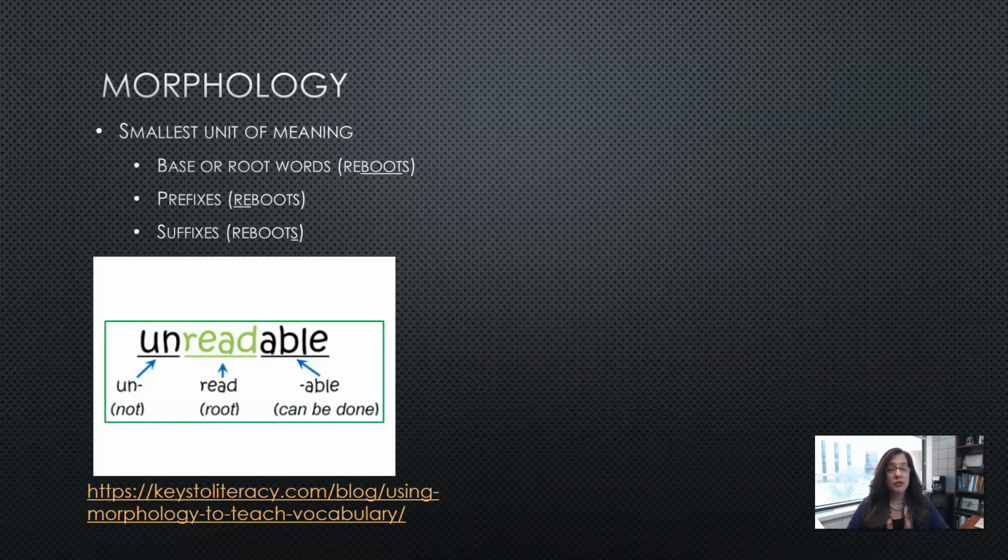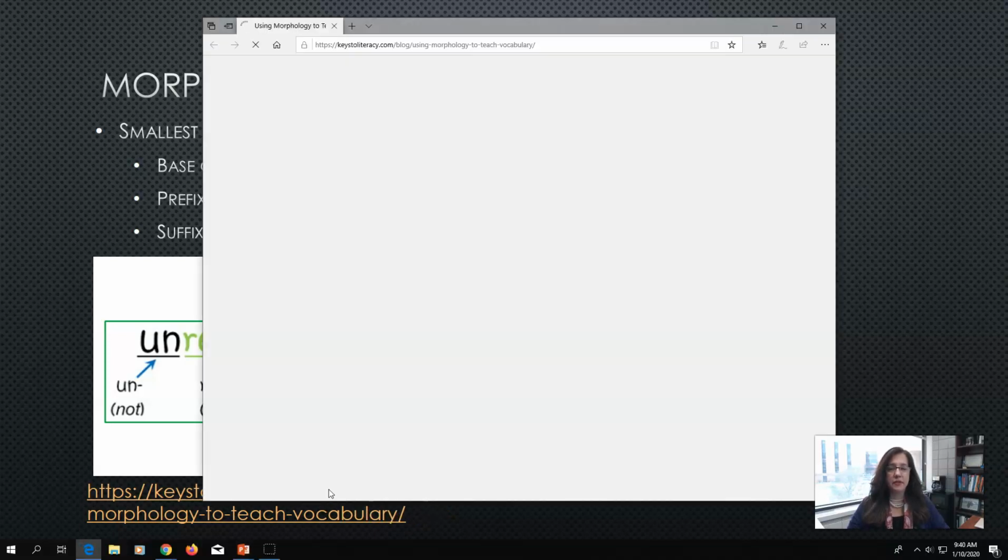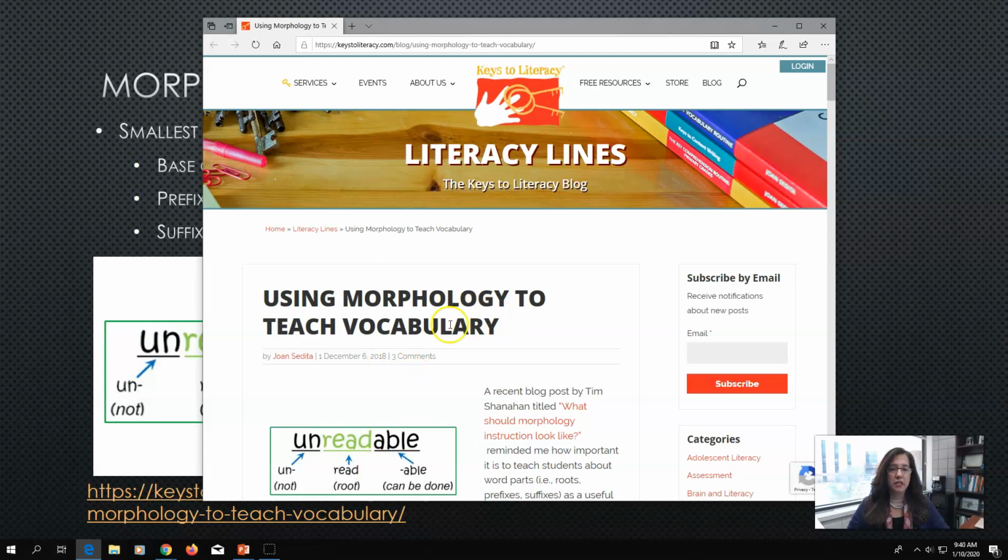Morphology is the smallest unit of meaning. Base or root words, such as the word boot in reboots. I always say with my computer, when in doubt, reboot. So yes, reboots, prefixes, pointing them out, suffixes. And so here we have a website that provides different root words, and it talks about morphology to teach vocabulary.